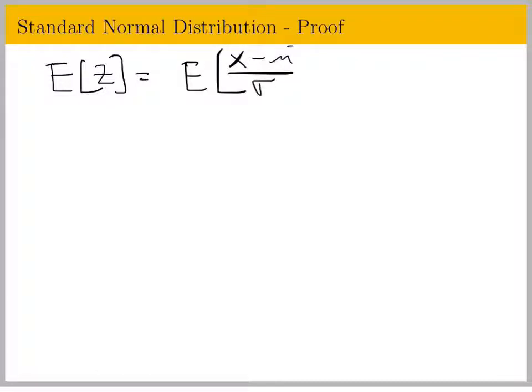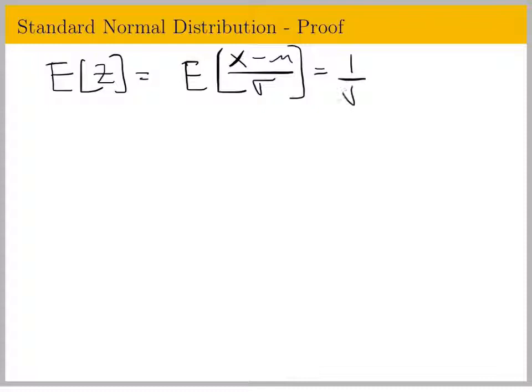Okay, now the proof. So the expected value of Z, that is equal to the expected value of (X minus mu) over sigma. And from the properties of expectations, we know that sigma and mu are just constants. They are the fixed mean and standard deviation.